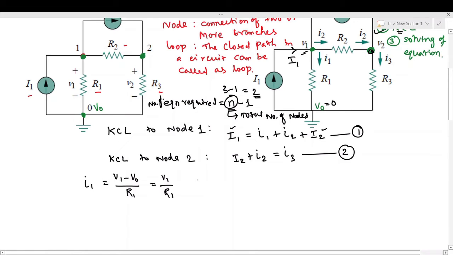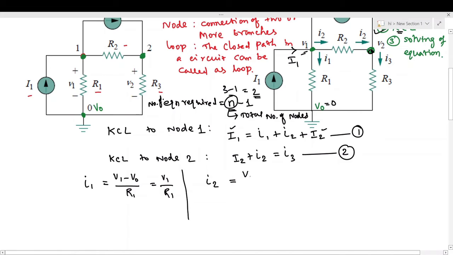Second, we will find I2. I2 is equal to V1 minus V2, that is the potential difference available across R2, and current flowing through R2 will be I2, and the resistance value will be R2.